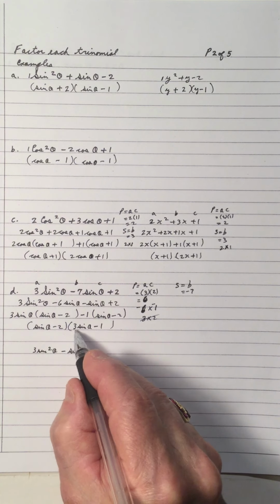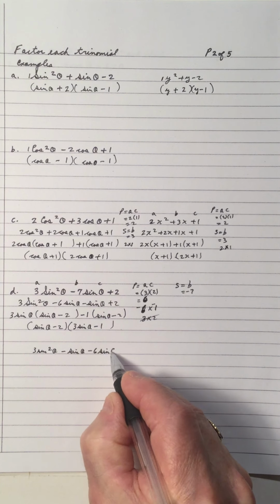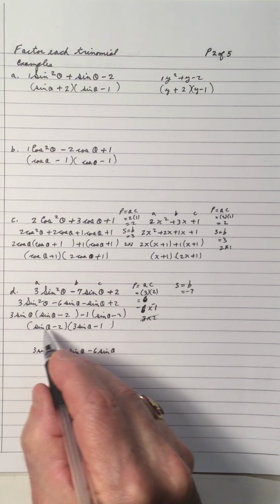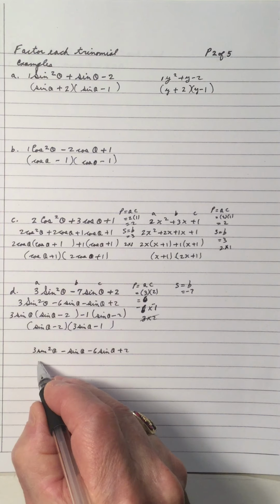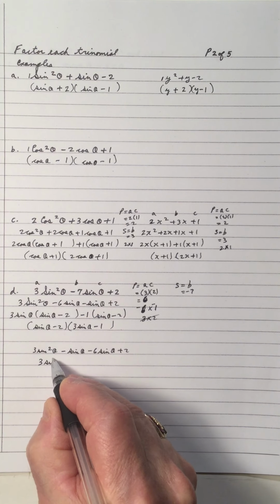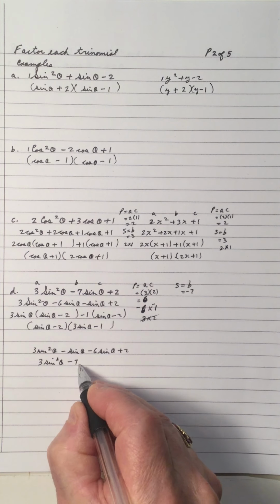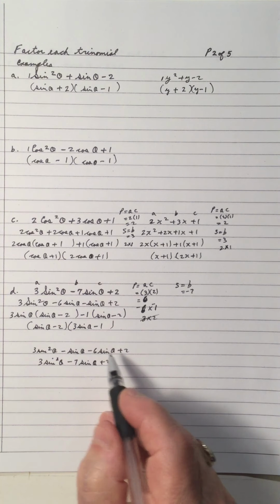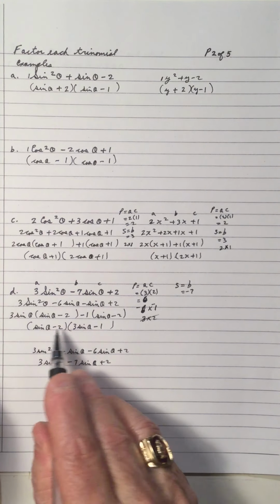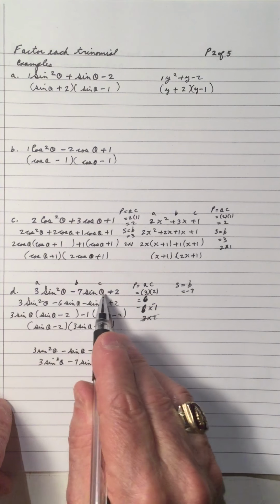Outside is here. Inside is the negative 6 sine theta. And this is last, a plus 2, so you add them up: 3 sine squared theta minus 7 sine theta plus 2. So to show you that doing the FOIL on these two binomials will give you this trinomial here.